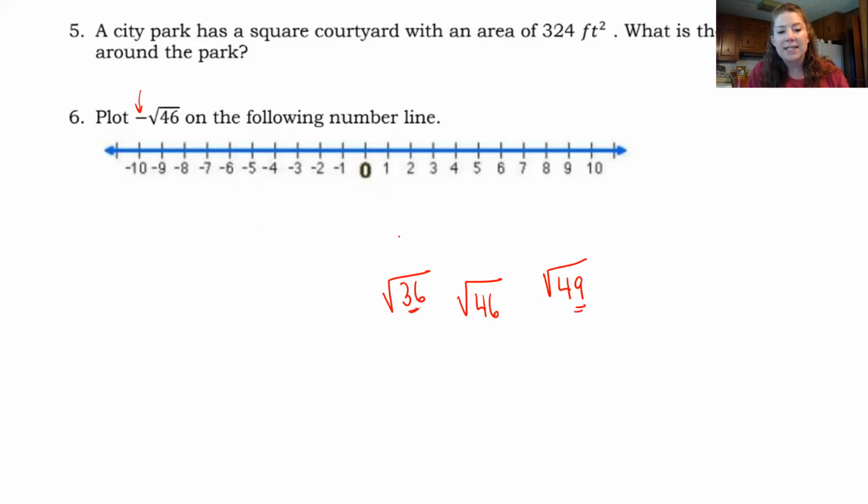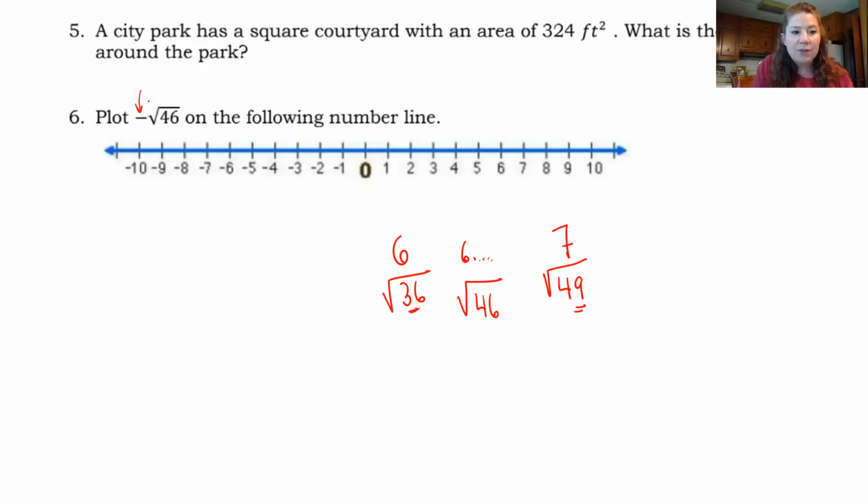The square root of 36 is 6. The square root of 49 is 7. So the square root of 46 has to be 6 point something. And in fact, I could just put it right in my calculator, and my calculator says it is 6.7823, and so on.